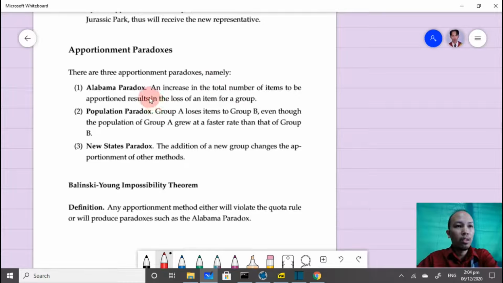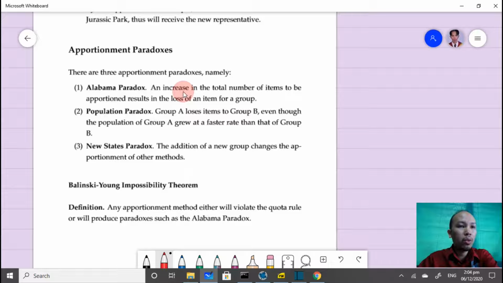So the question now is, what are we going to do so that the method we use will not violate the said paradox? We will be discussing fairness in apportionment later. As you can see here, the Alabama paradox is this one.